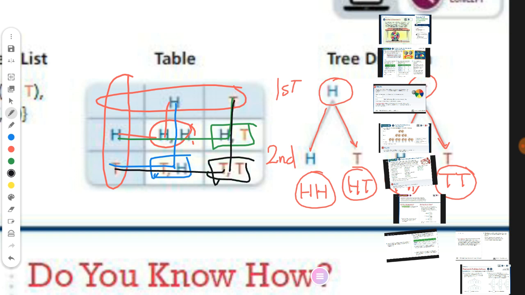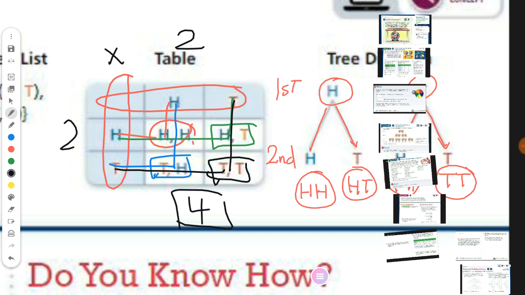And it's easy, so all possible outcomes here are 4. You can do it in a very easy way. I have two results here, head or tail, and two results here. Multiply them together, it will give you 4. So the table way is very easy too, to get all possible outcomes.